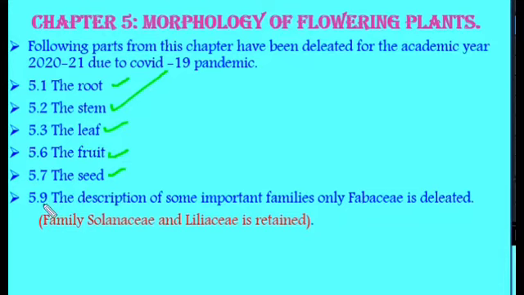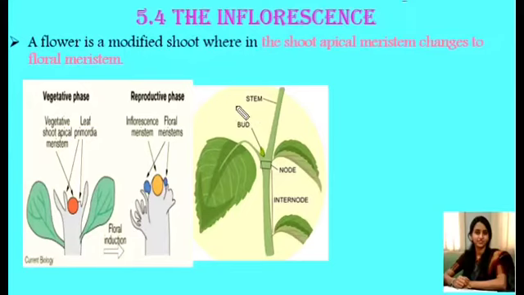In addition to this, in section 5.9, the description of some important families, there were 3 families that every year we used to study, but this year the family Fabaceae has been deleted. So we have to learn the 2 families, that is Solanaceae and Liliaceae. In this video let us continue with 5.4, the inflorescence.